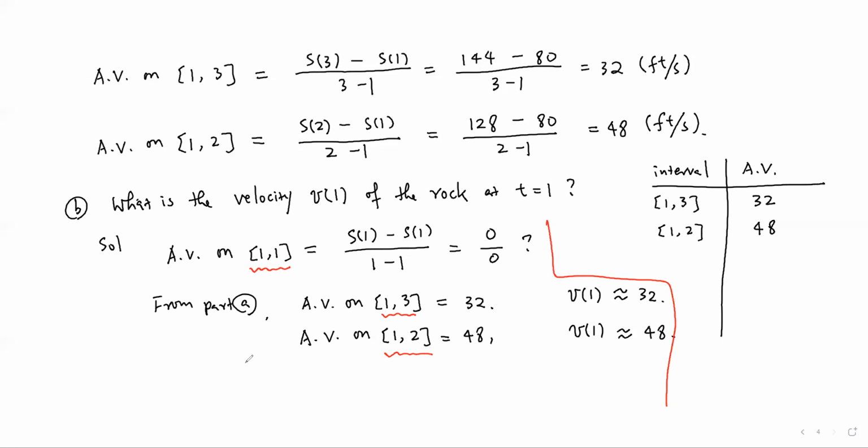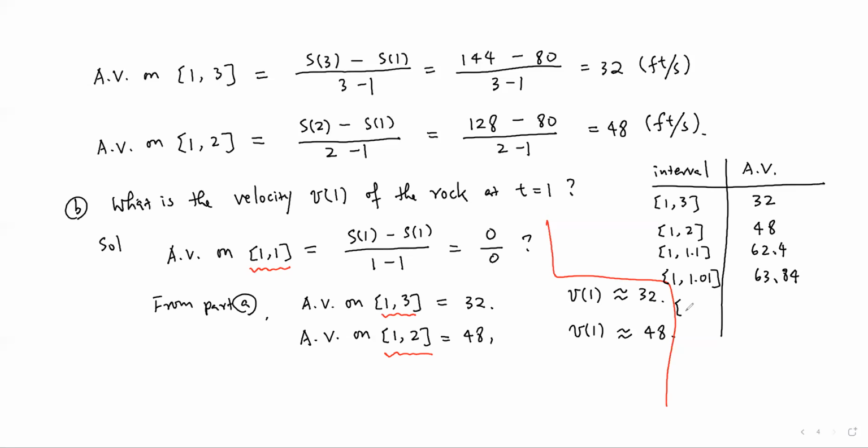Now I decrease the length of the time interval. Over the interval 1 to 1.1, average velocity is 62.4. Over the time interval 1 to 1.01, average velocity is 63.84.